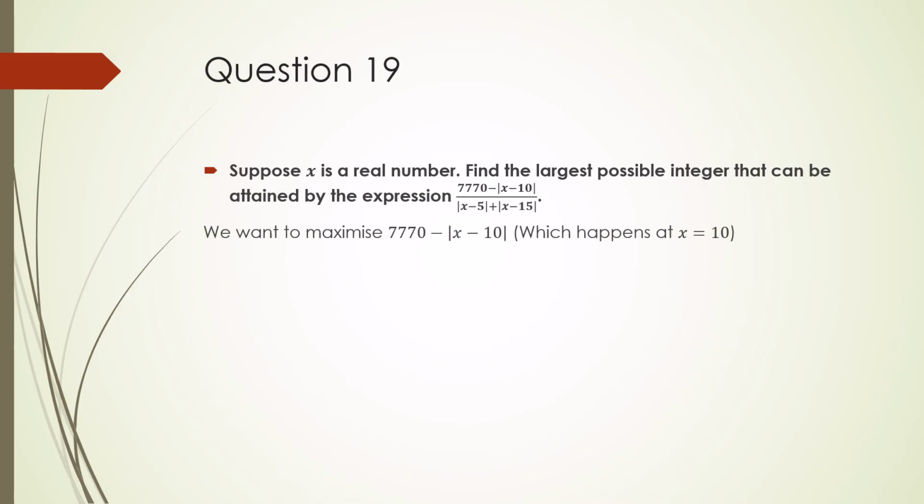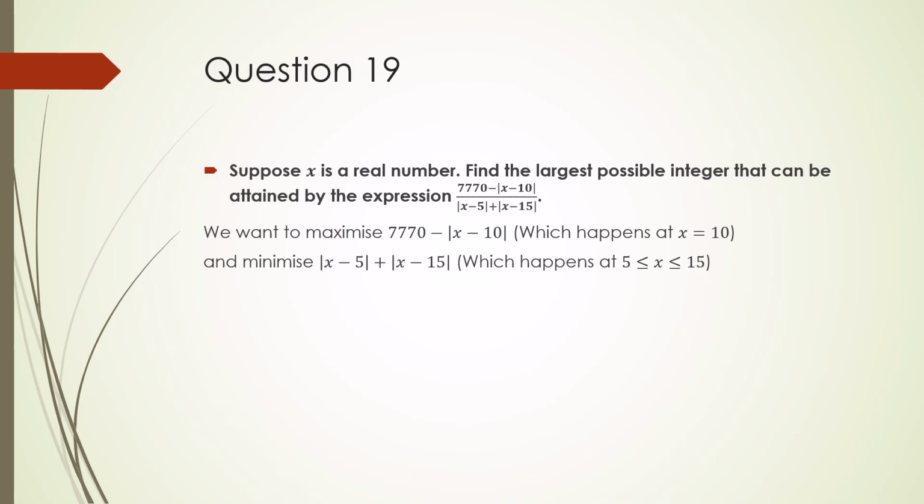So we want to maximize the numerator, which is 7,770 minus the absolute value of x minus 10, and this will happen at x equals 10. And we also want to minimize the absolute value of x minus 5 plus the absolute value of x minus 15. And we can see that this will happen between 5 and 15.